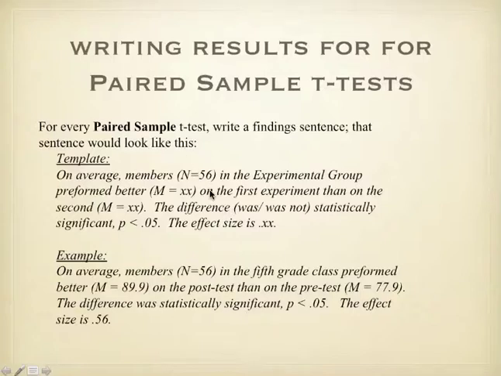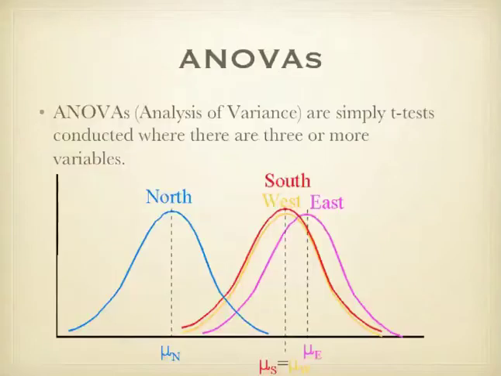Now, we don't have a lot of time to go into ANOVA, but we don't really need to for right now, because all you need to know about ANOVA is that ANOVA is simply a t-test on more than two groups. Analysis of variance is the name for this kind of measure. And in this illustration, we have 4 groups: north, south, east, and west, we're calling them.